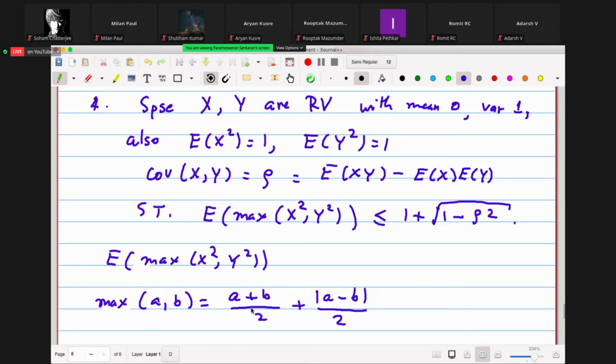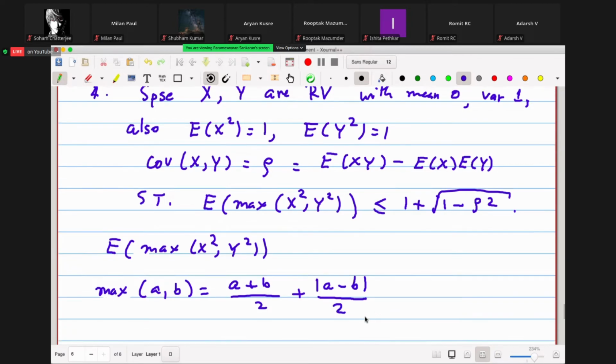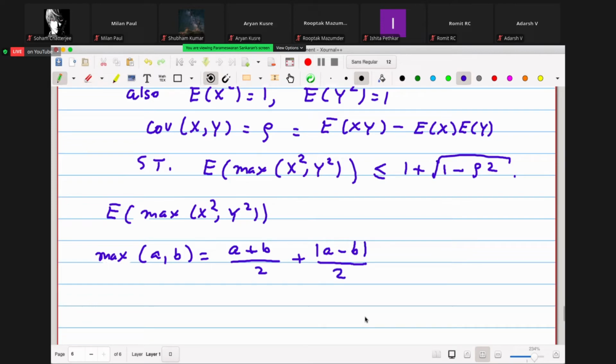Suppose b is bigger, then this will be b minus a by 2. So you will pick up b by 2, and then a by 2 minus a by 2 will get cancelled. And if a is bigger, you will pick up a by 2. So both return the same value. Therefore, this is the formula.